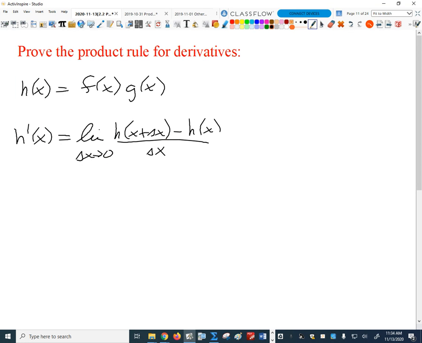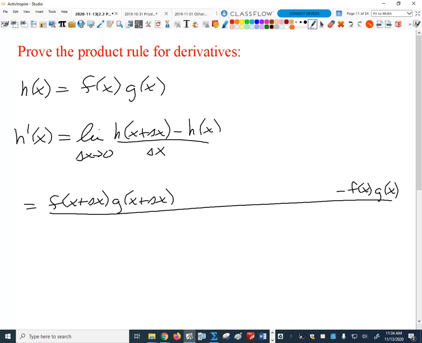If h of x is f of x times g of x, isn't that just going to be f of x plus delta x times g of x plus delta x minus f of x times g of x, all divided by delta x? It's the limit of that, right? As delta x goes to 0.